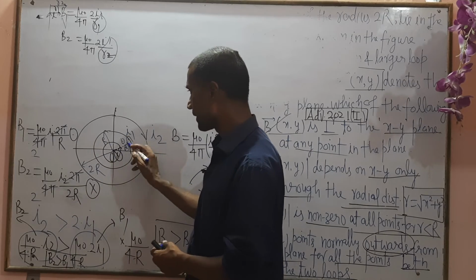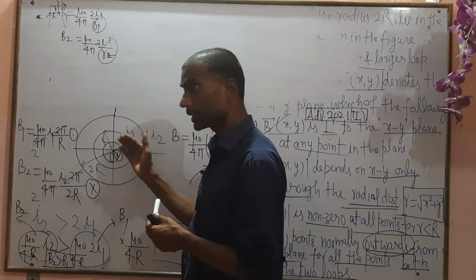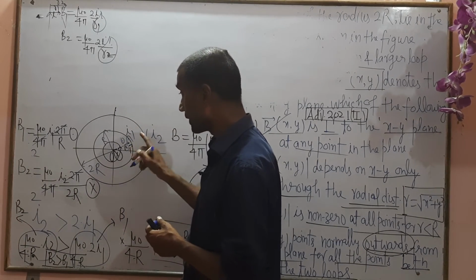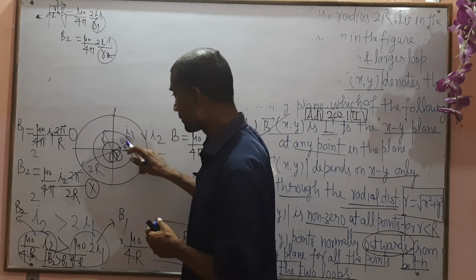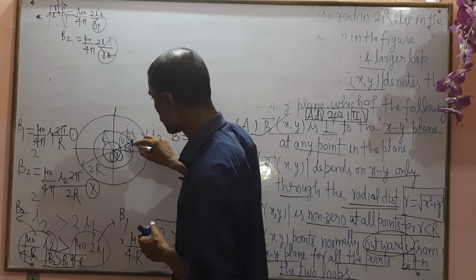So the net direction of magnetic field at point P is outside, that is, outward.